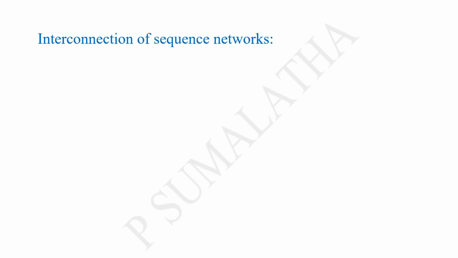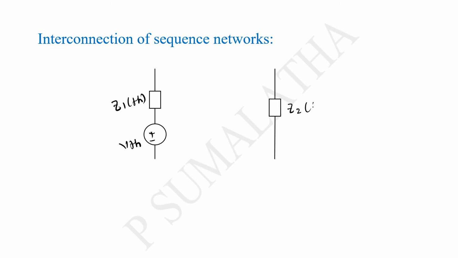Now let us draw the interconnection of the sequence network. First let us consider the positive sequence network. This is the Thevenin's equivalent of the positive sequence. This is the Thevenin's impedance of the positive sequence network, and this is the Thevenin's voltage. Now let us consider the negative sequence network. This is also the Thevenin's equivalent of the negative sequence network, and this is the positive sequence current Ia1.